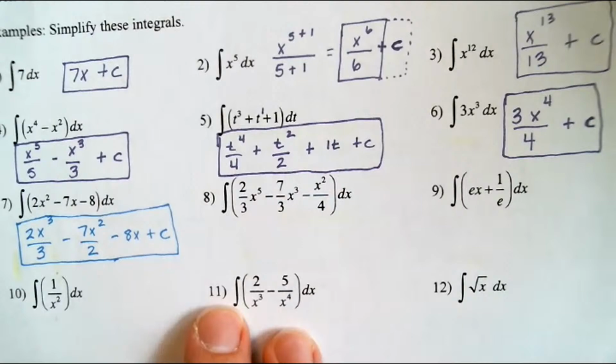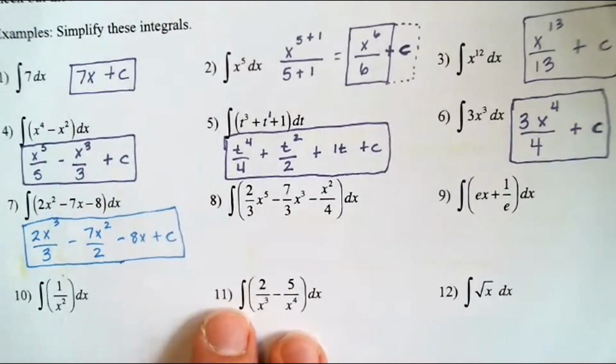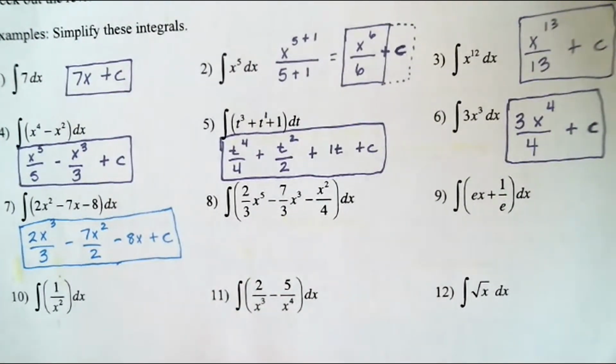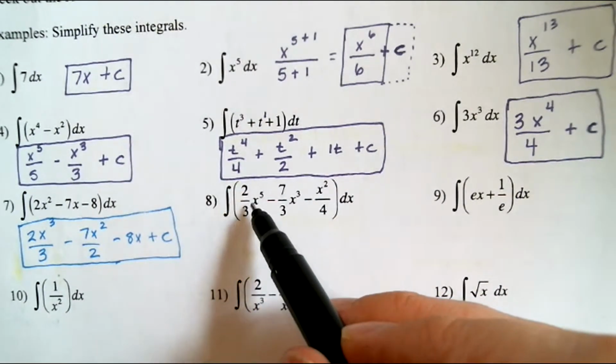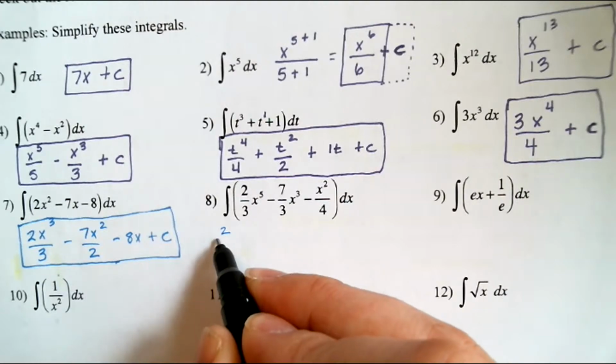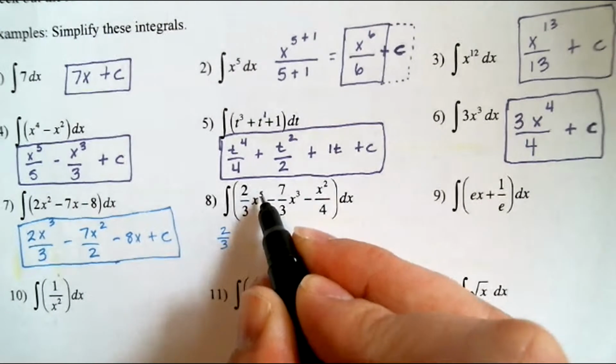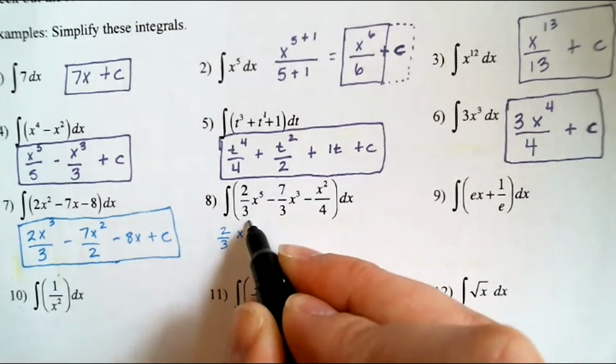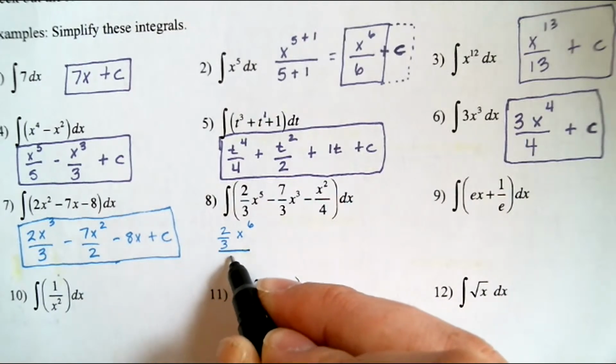All right. Let's jump over to number 8. So we have 2/3 x to the 5th. Again, 2/3 is a constant, so I don't have to worry about that. But then I'll say x, add 1, x to the 6th, and then I have to put that all over 6.